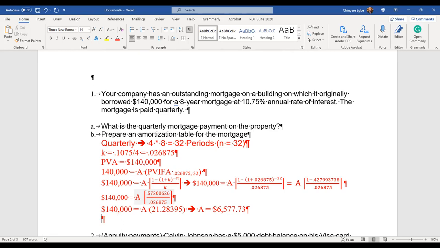I'm going to save this file and switch to Excel, and write down the periodic payment 6,577.73, N is 32, the amount is 140,000, and the rate of interest is 0.026875.